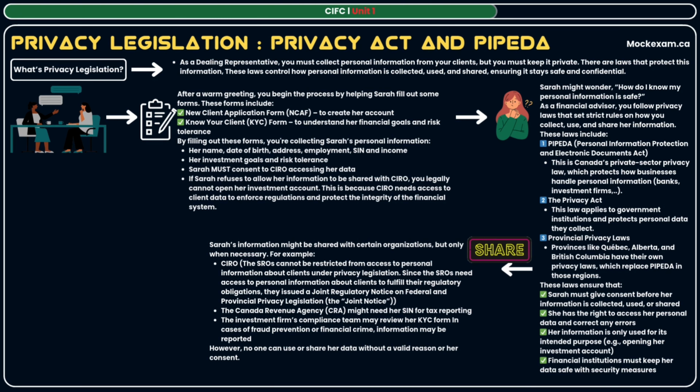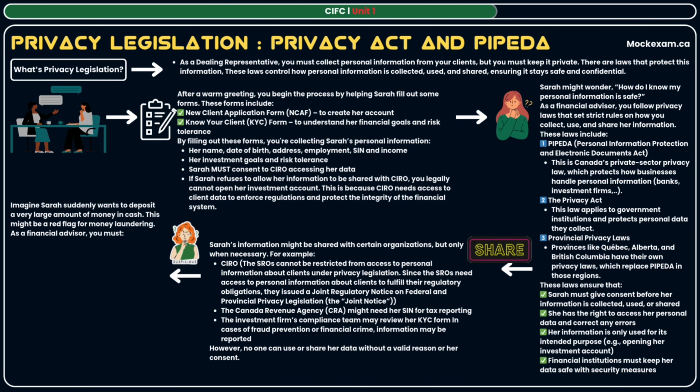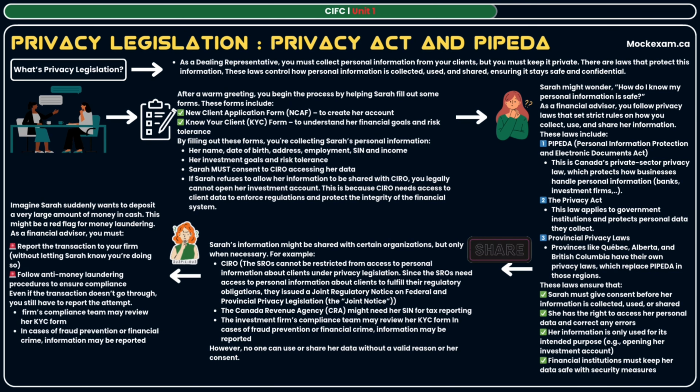Now, let's imagine Sarah suddenly wants to deposit a very large amount of money in cash. This rings a bell, and you may say, okay, this might be a red flag for money laundering. As a financial advisor, what should you do? You must report the transaction to your firm.